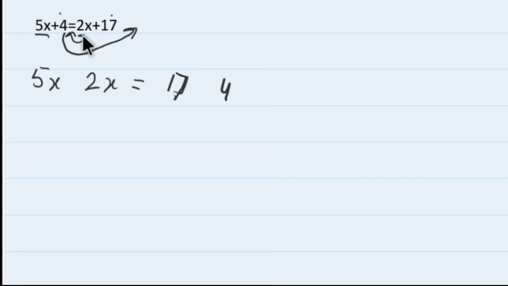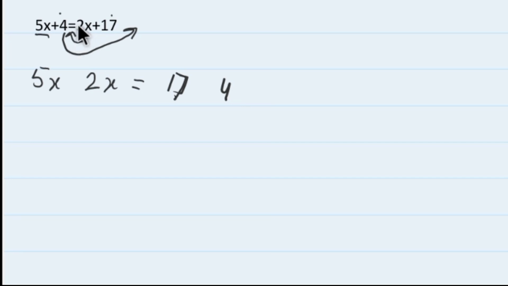So what would be the symbols of these 4 and 2x? Remember, in the previous video we learned that when we move a term from left to right or right to left, its symbol changes. Why its symbol changes, we explained in the previous video, so you can watch that to learn. Now, since we moved 2x to the left hand side, its symbol was plus.